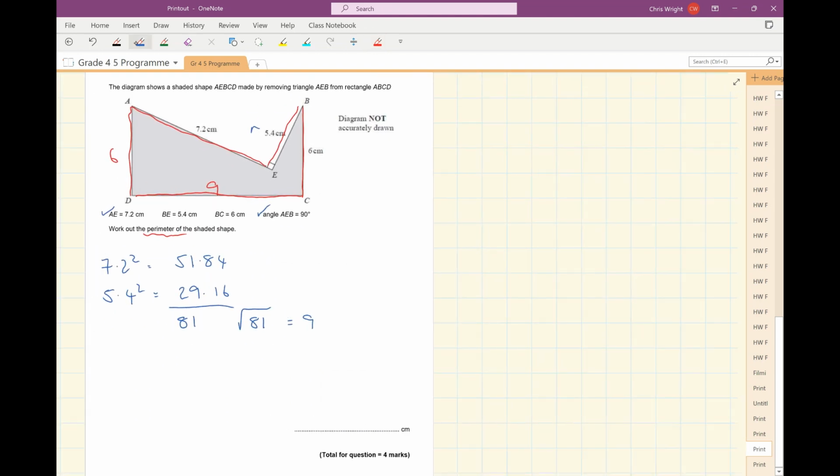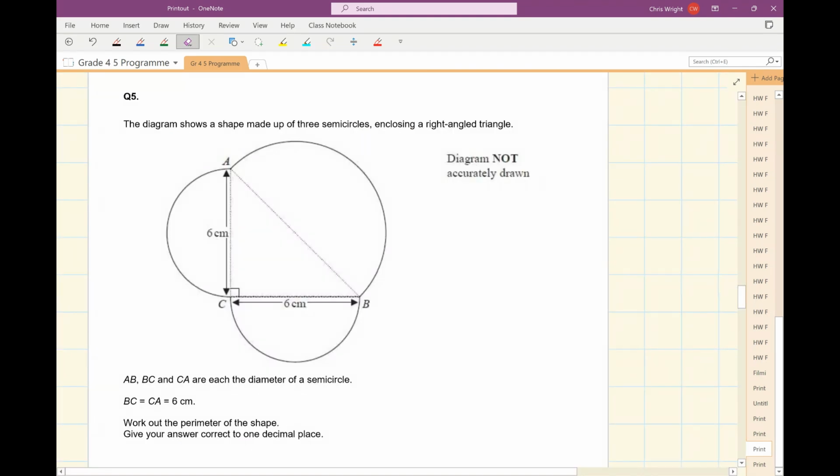Okay. 6 plus 7.2 plus 5.4 plus 6 plus 9 gives me an answer of 33.6. Question 5. Right, the diagram shows a shape made up of 3 semicircles enclosing a right-angled triangle.